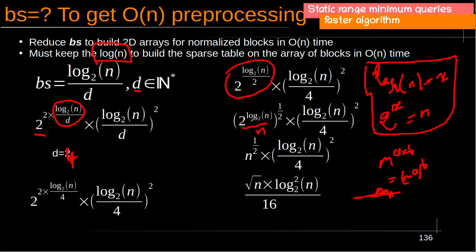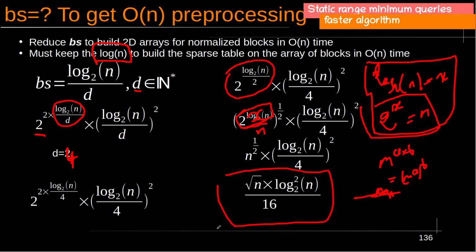So all this is equal to n, as we have seen here. Okay. And we know that n power 1/2 is the square root of n. So the whole formula now is the square root of n times log base 2 square of n over 16. Okay.